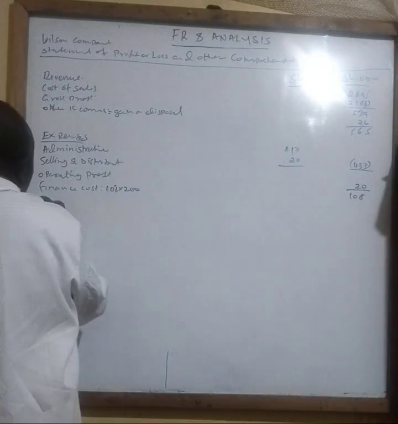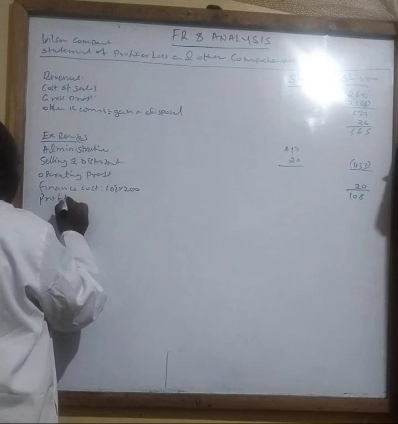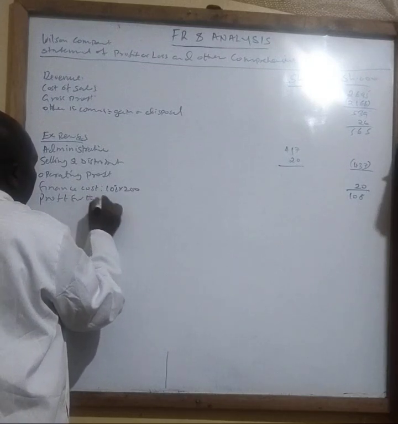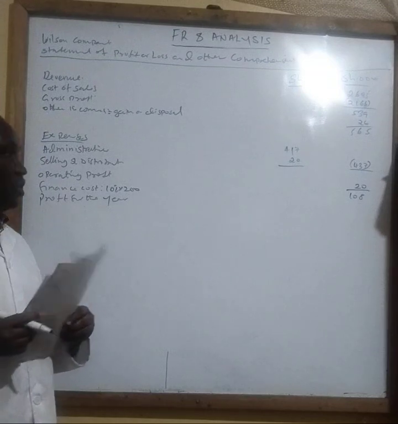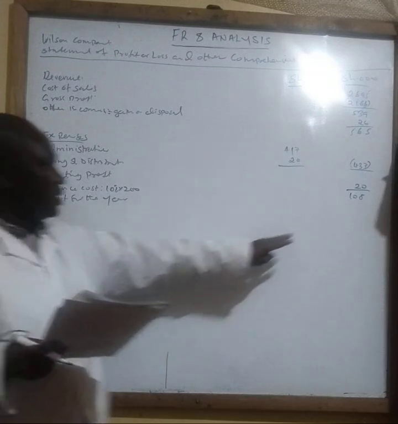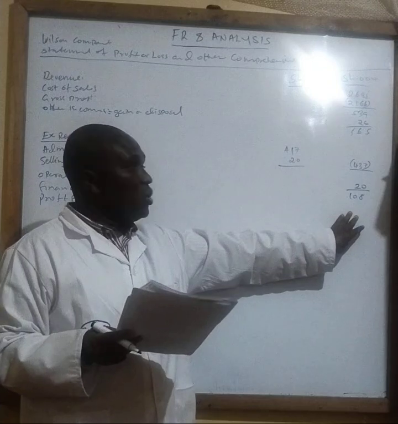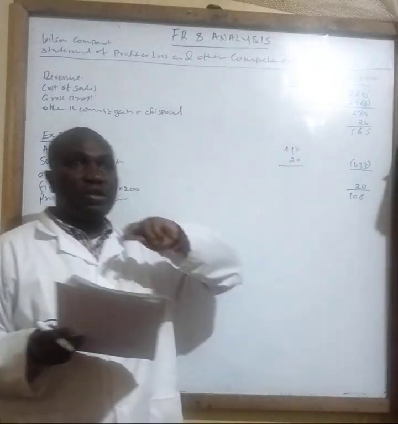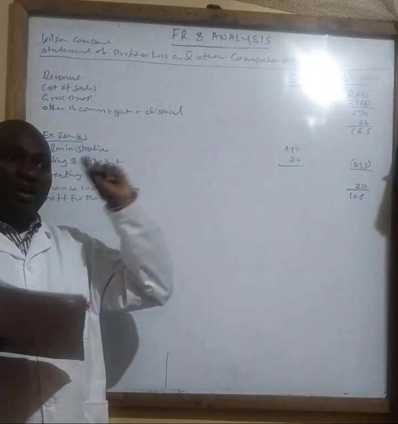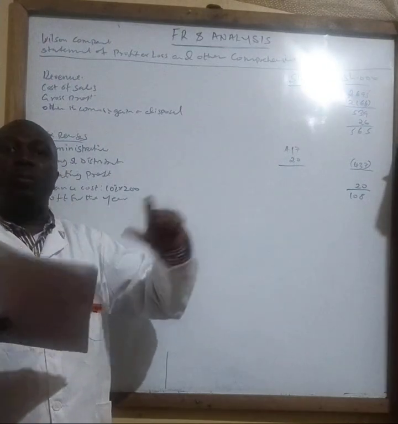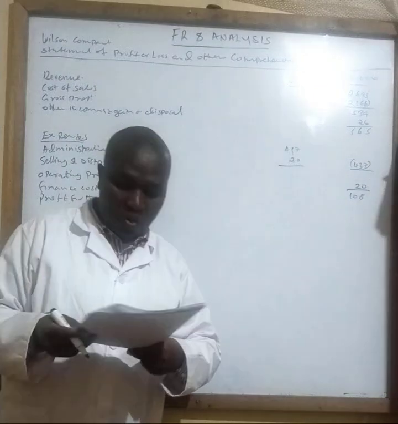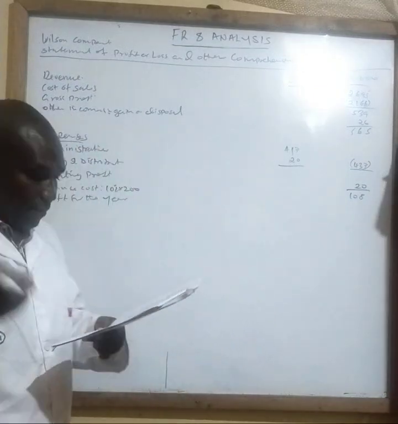Profit for the year. In this question we have been told to ignore tax. If there was any tax, you could have calculated it, because we have the previous tax and deferred tax, which need to be added. So this question is still not comprehensive, but we shall be doing more comprehensive questions on the same.